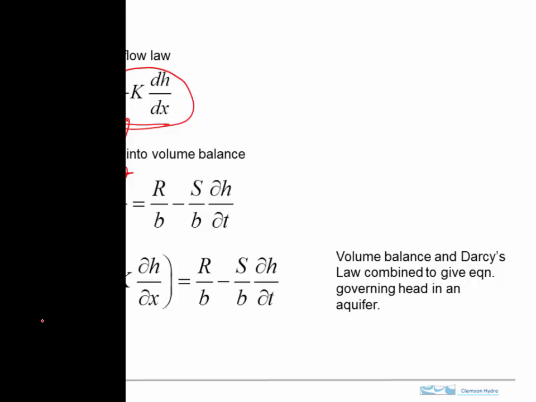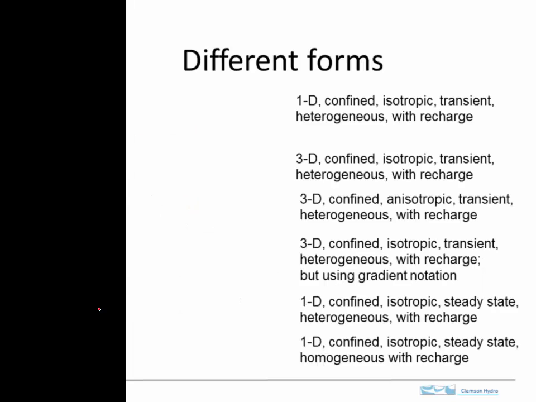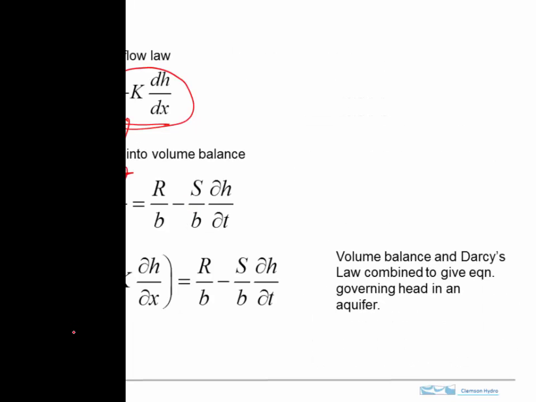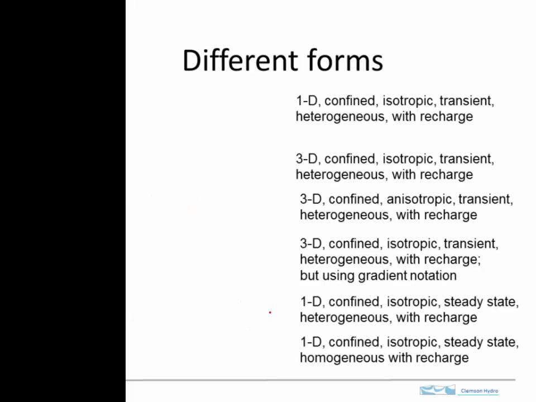So it has those two concepts together, and we get this form. This is pretty important. This has the two main concepts for groundwater flow, and this will be the governing equation for the heads in an aquifer.